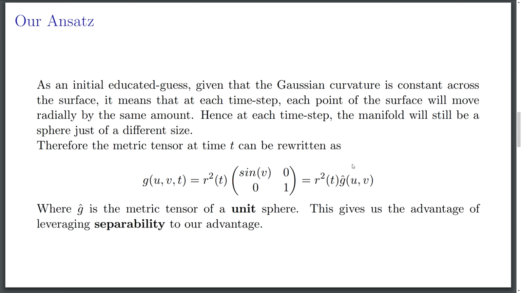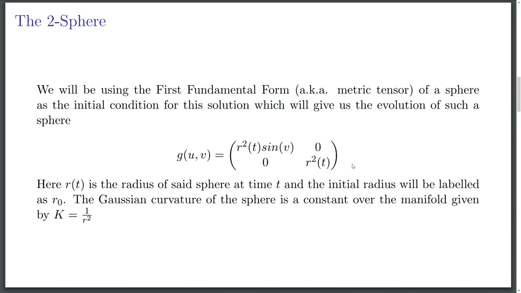Those who maybe have seen some partial differential equations will know that separability is a very good condition to have when solving them, because it makes everything so much easier. And we happen to have that here. Why do we have separability here? Because remember when I said up here we have constant Gaussian curvature everywhere?